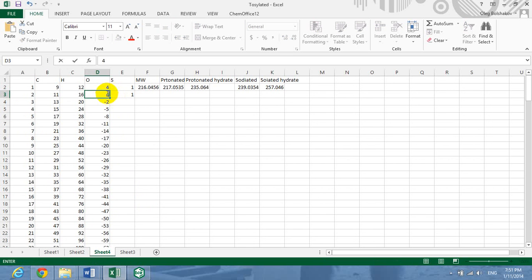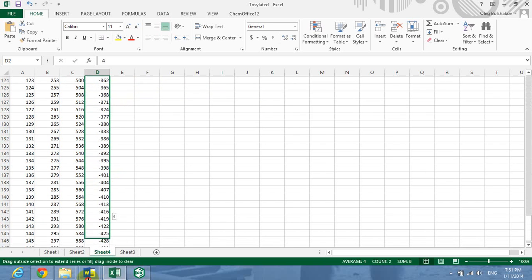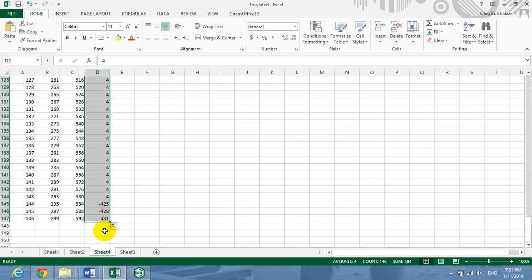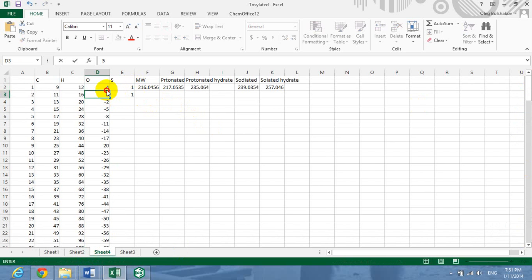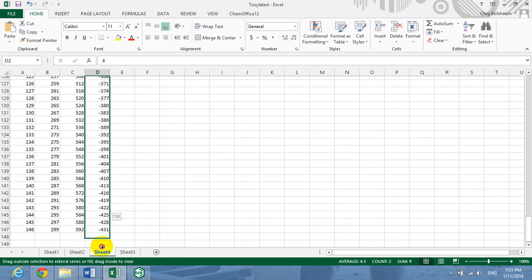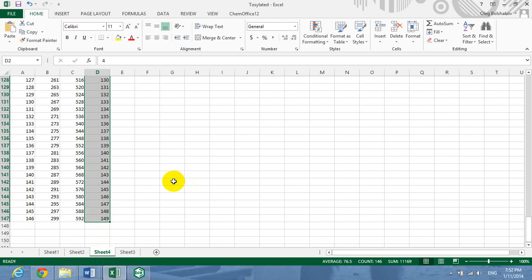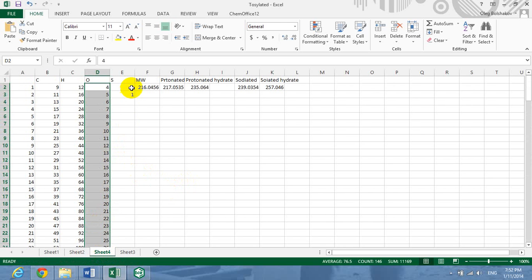It was 4 and it remained 4, so that's gonna be 4 for all of them. No, wait a second. It was 5. Sorry. Sulfur remains the same because it corresponds to the 1 sulfate group.